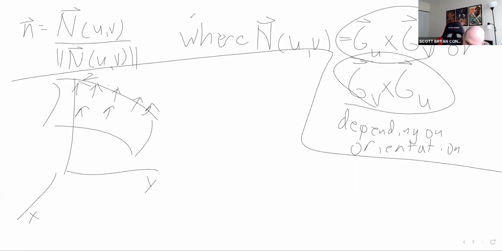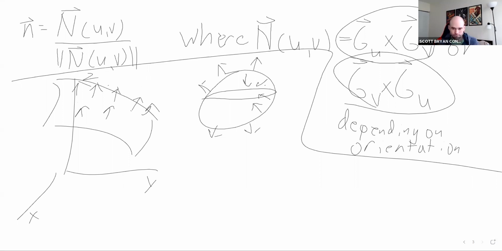Similarly, if we have a closed surface, say like a sphere, we can have outward pointing normals. So our normals would be pointing towards the outside of the sphere, or we could have inward pointing normals, in which case our normals would be pointing inside. And that's the way we usually do it for closed surfaces. But that is how we give our surface an orientation.